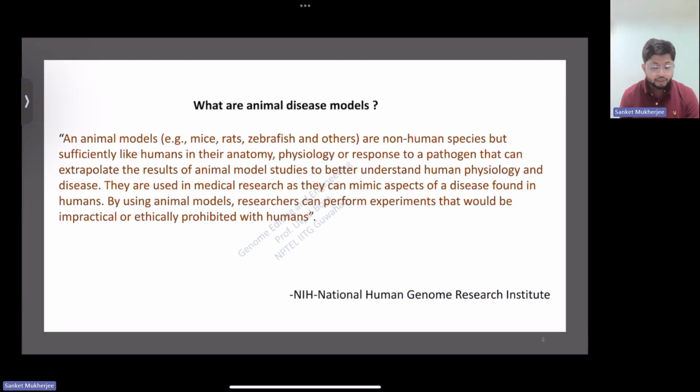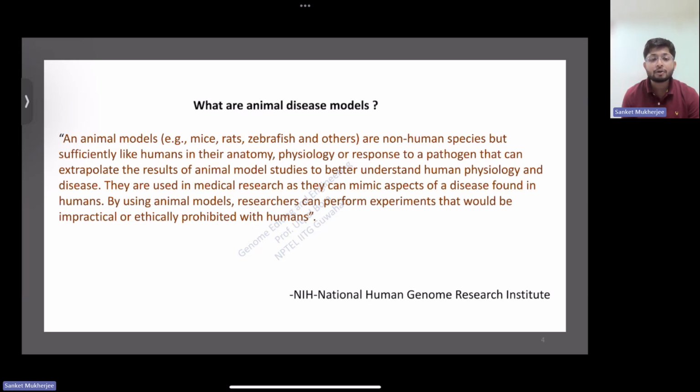Now, an animal model could be mice, rats, or zebrafish, non-human species that are sufficiently like humans in their anatomy, physiology, or response to a pathogen that we can extrapolate the results of animal model studies to better understand human physiology and disease. They are used in medical research as they can mimic aspects of a disease found in humans.